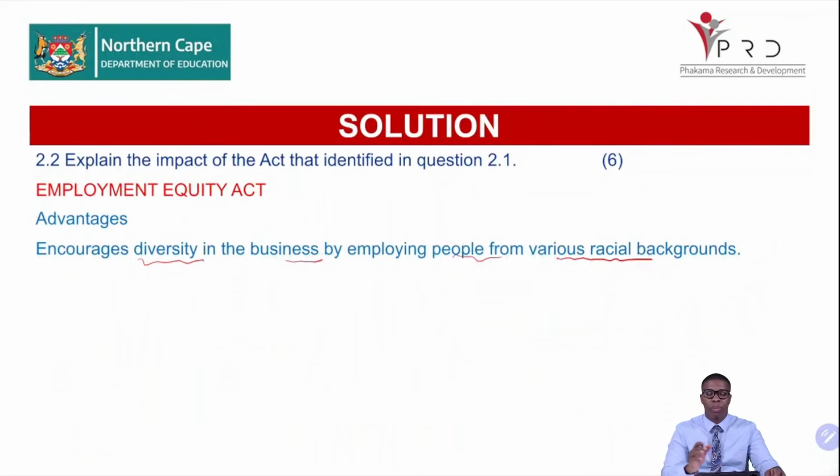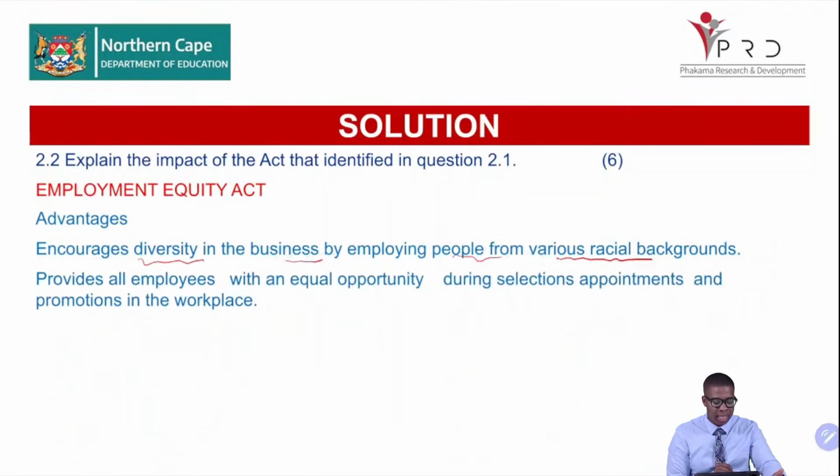So basically here, the advantage of implementing this act by a business is that you would find African employees, Indian employees, coloured employees together with white employees in one space, which would encourage diversity. Then another advantage is that it provides all employees with equal opportunities during the selection, appointments, and promotions in the workplace.